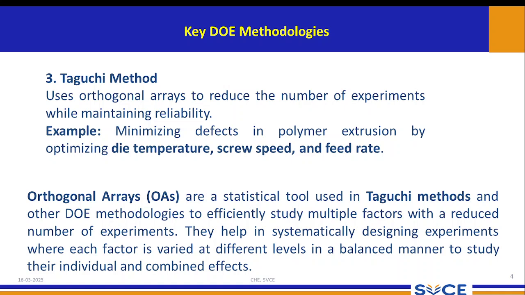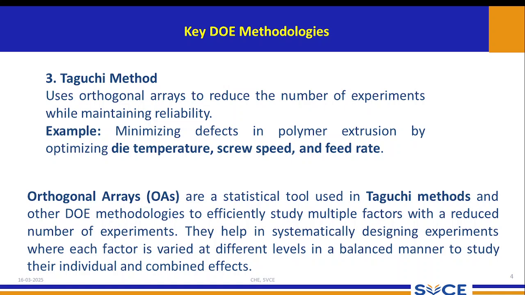Coming to the Taguchi method, it uses orthogonal arrays to reduce the number of experiments. Underline the phrase: to reduce the number of experiments while maintaining reliability. The example for the Taguchi method is minimizing the defects in polymer extrusion by optimizing the die temperature, screw speed, and feed rate.